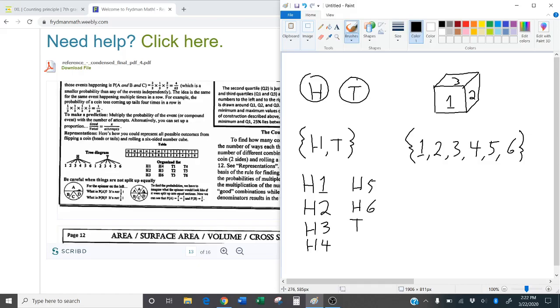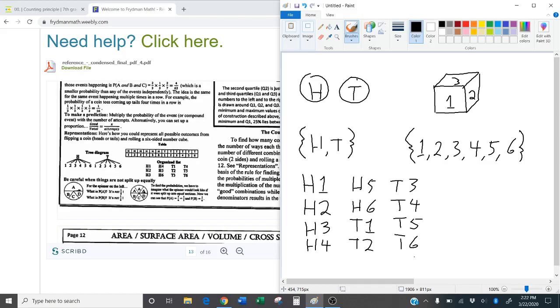So I could get tails on the coin, and then I roll the die and I get a 1. Or I could get tails 2, tails 3, tails 4, tails 5, or tails 6. Okay, so those are all the possibilities.